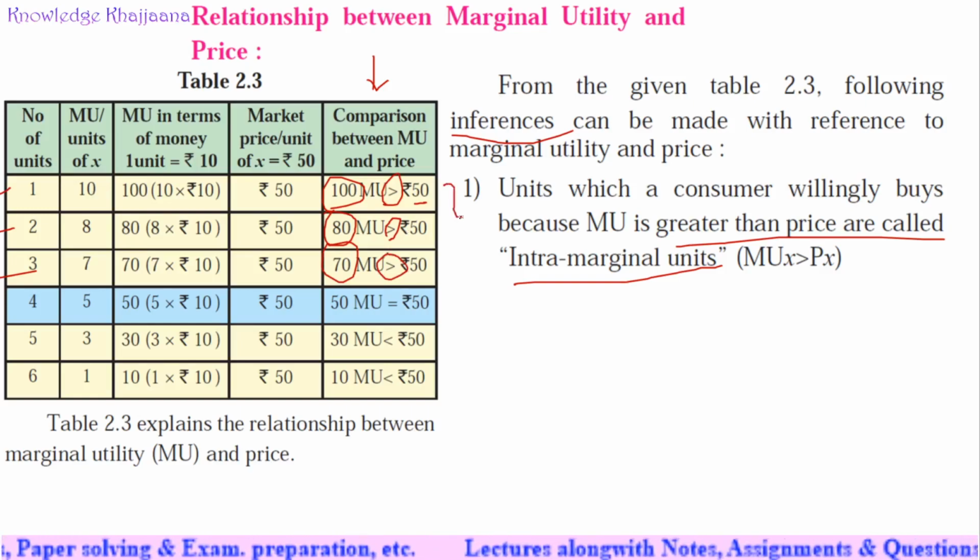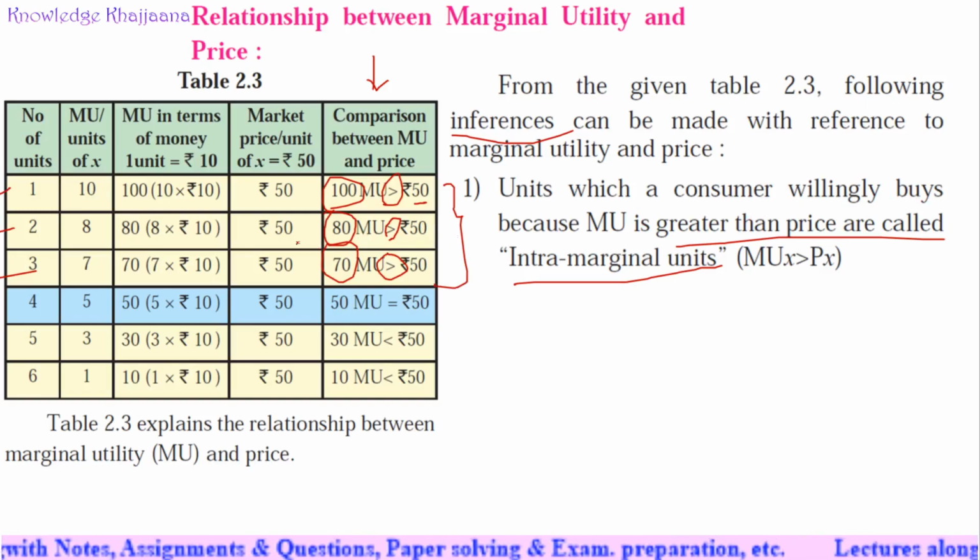At this level, the consumer is willing to buy because the marginal utility he got after consuming the products was higher than the price of the commodity. This level is called intra-marginal units.